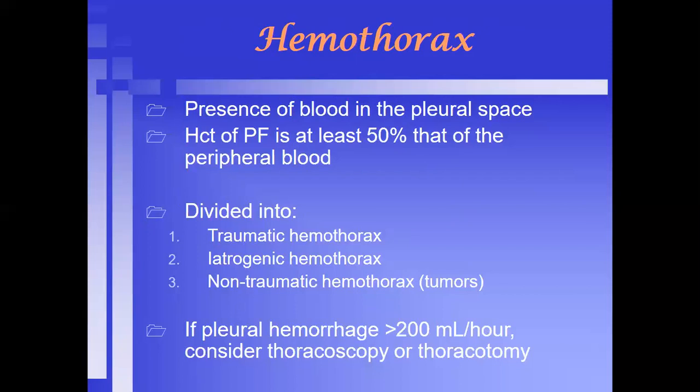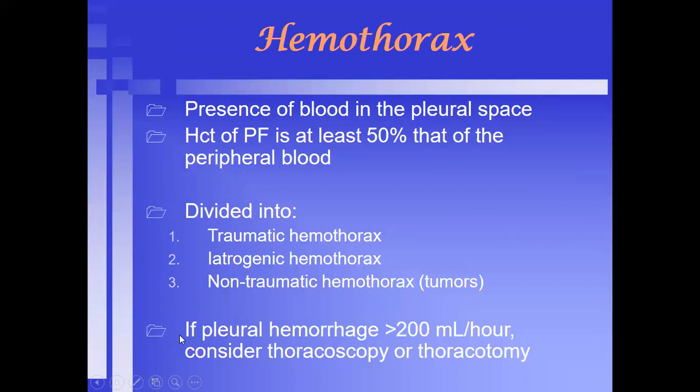So if your pleural fluid hematocrit is at least 50% of your peripheral blood, then suspect that the patient is having a hemothorax. So hemothorax is most commonly traumatic, but can also be due to iatrogenic causes and even non-traumatic hemothorax, such as those in tumors.